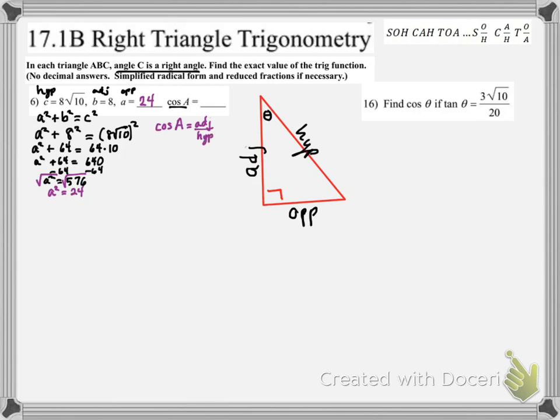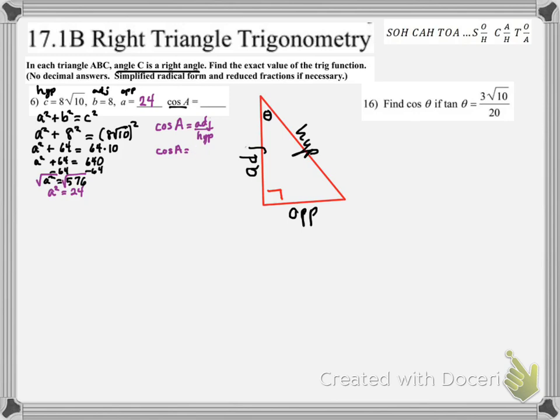At this point, I do know all the sides. The adjacent side is 8. The hypotenuse is 24. No, the hypotenuse is 8 root 10.